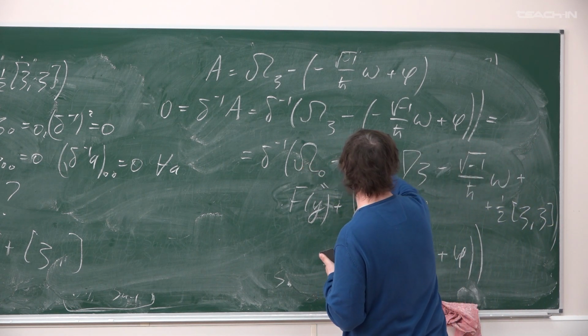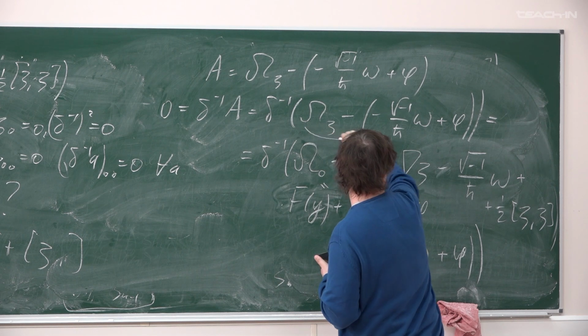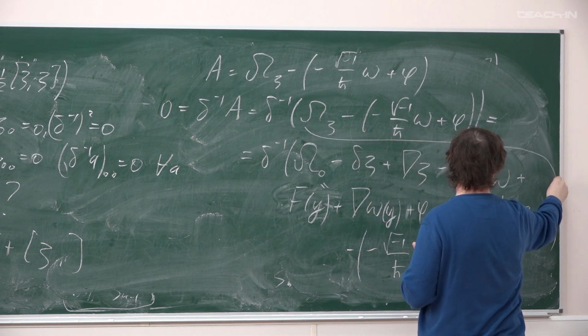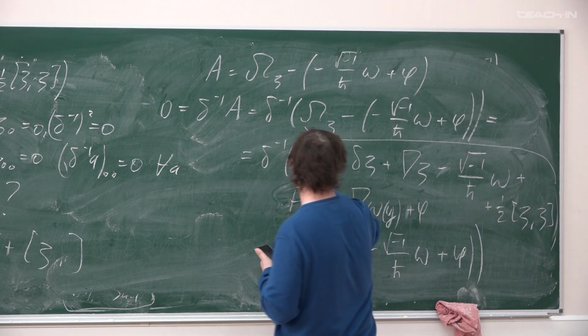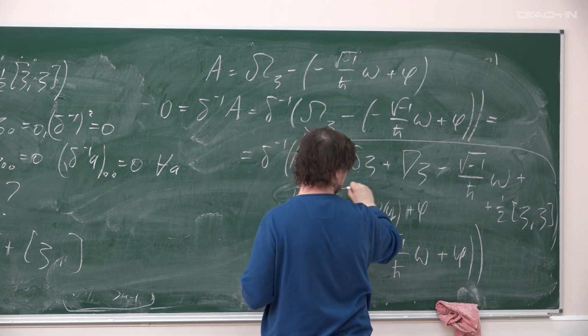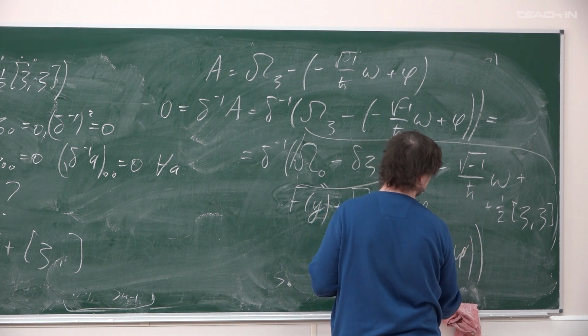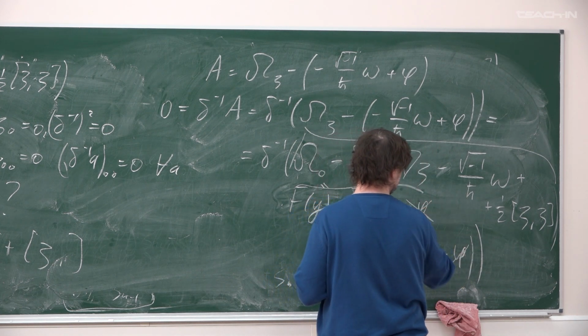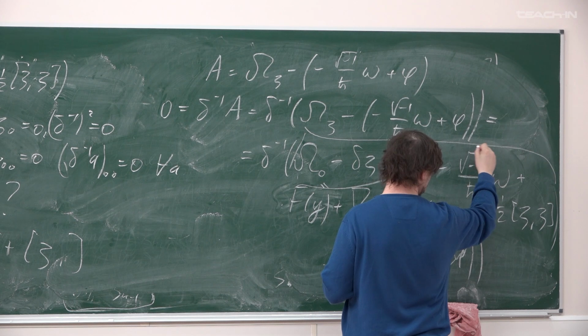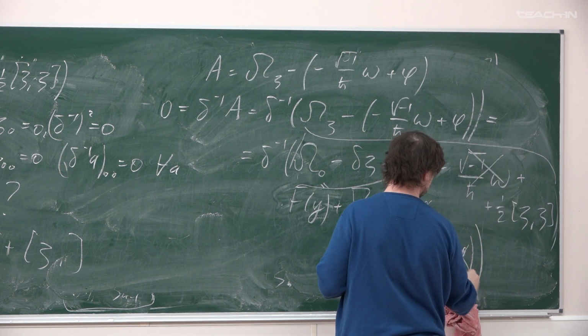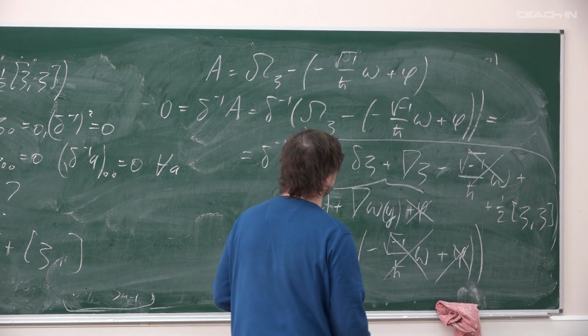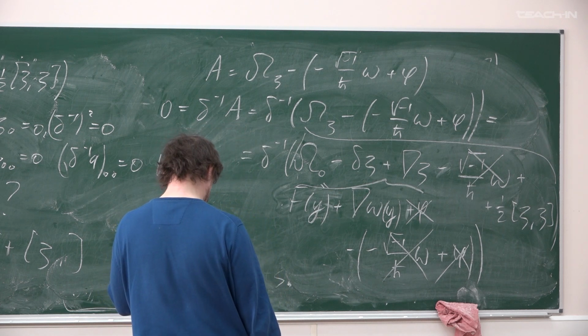This first long term is precisely this. And this is this. Now we subtract this and these. These two things disappear. Right? And we eventually come up with the equation delta minus first of omega 0, right.